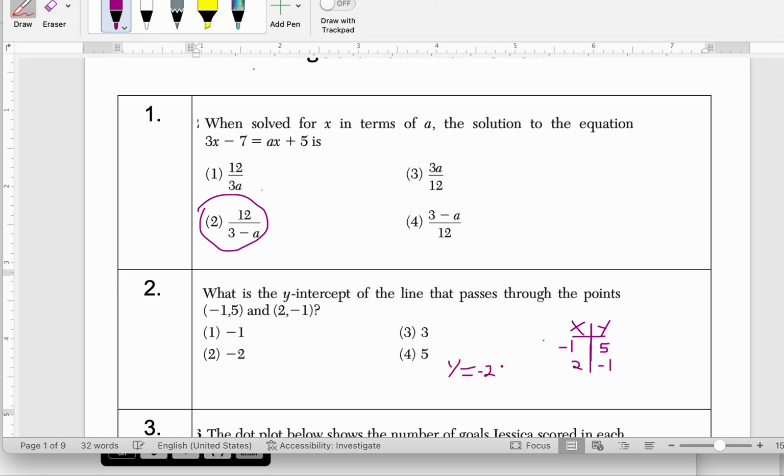So it's -2x plus 3. Okay, so when we look here, we know our slope-intercept form is mx plus b.